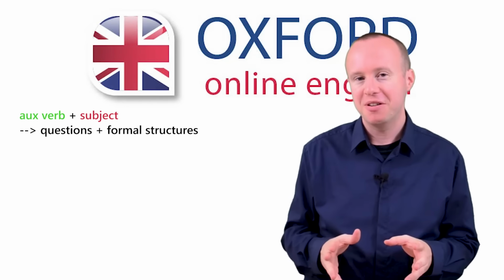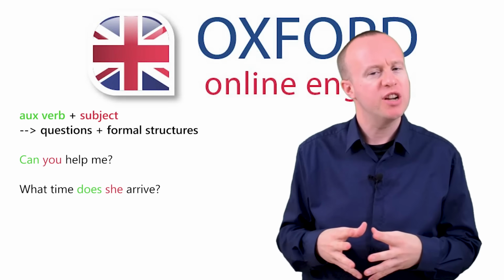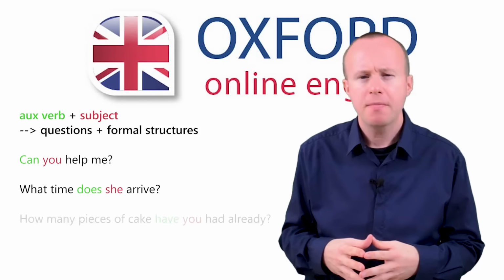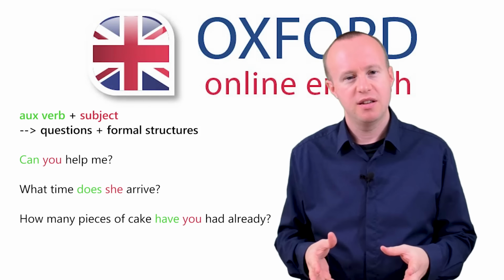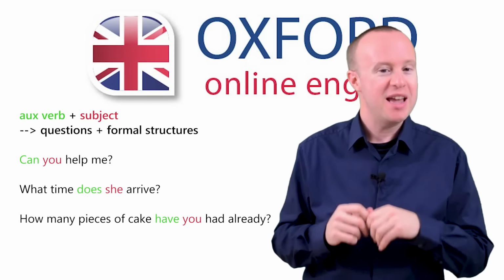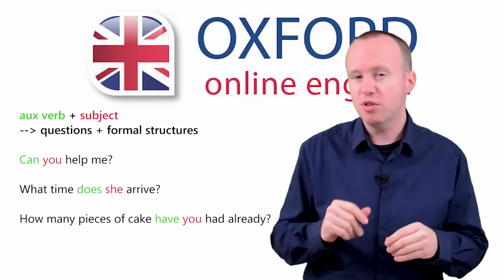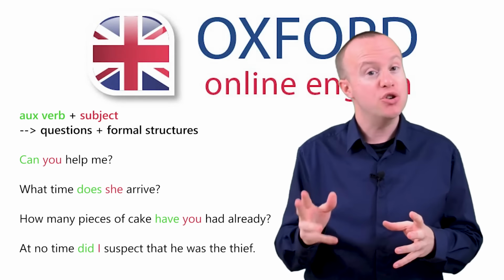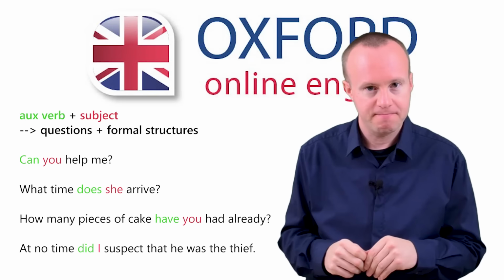For example, can you help me? What time does she arrive? How many pieces of cake have you had already? It's also possible in certain structures which are mostly used in formal writing, like, at no time did I suspect that he was the thief.